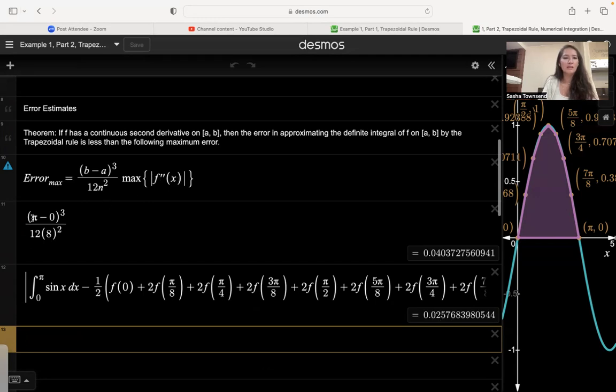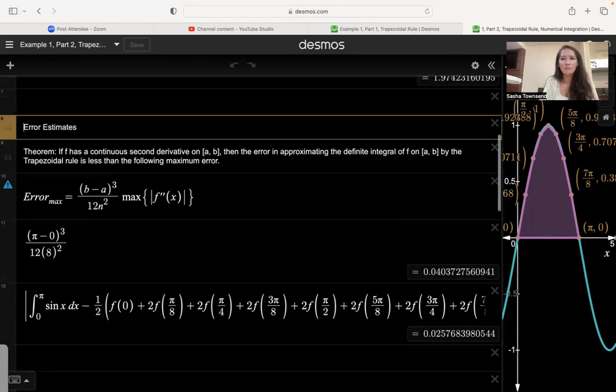So we get pi minus 0, that's our interval length, cubed, divided by 12 times the number of subintervals squared. So when we use the trapezoidal rule in general, for this particular function, we would expect the error to be less than 0.04. And it turns out that it's even less than that. The actual error is 0.0257. So that's the trapezoidal rule.